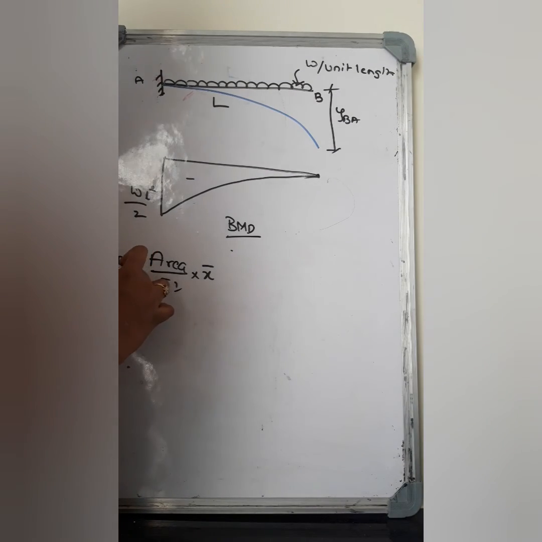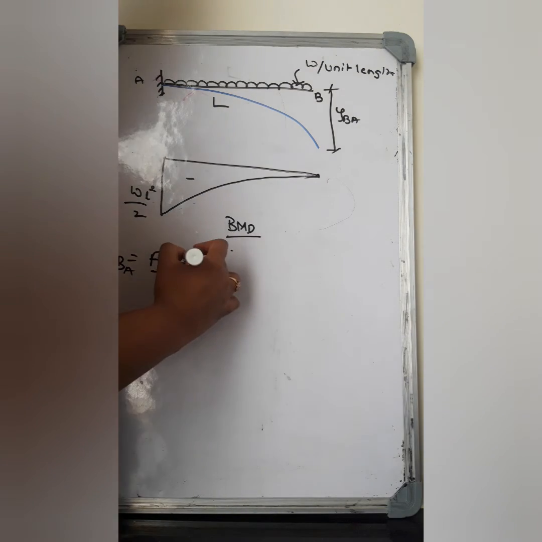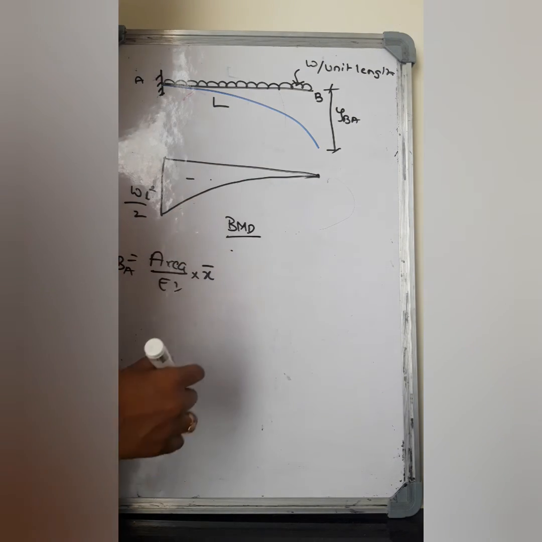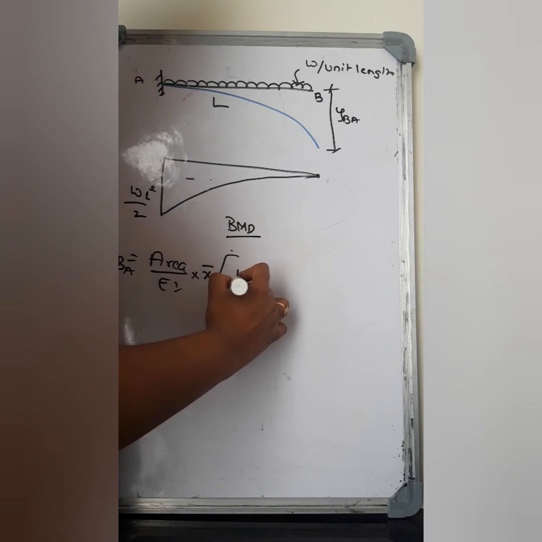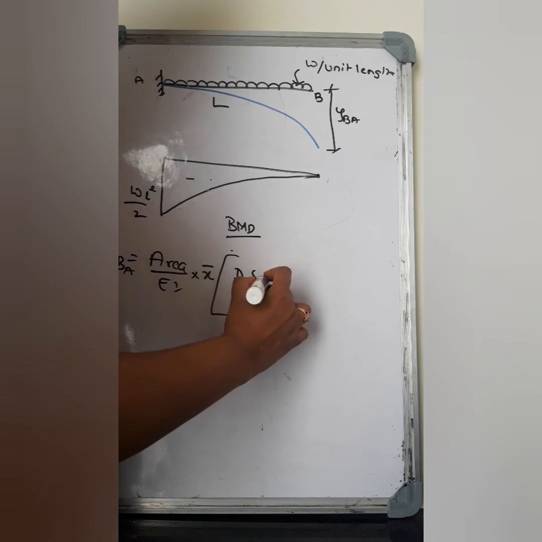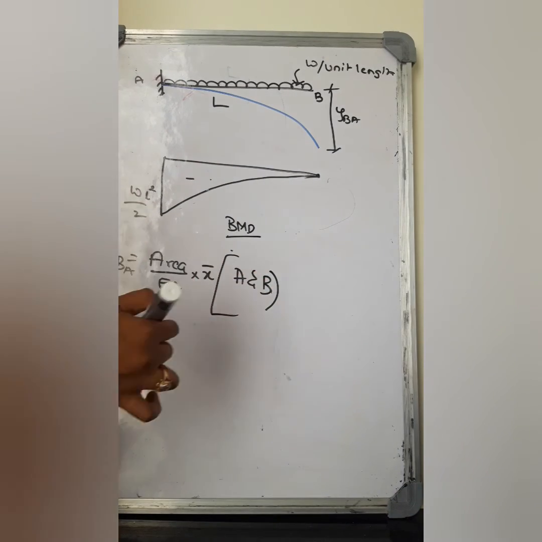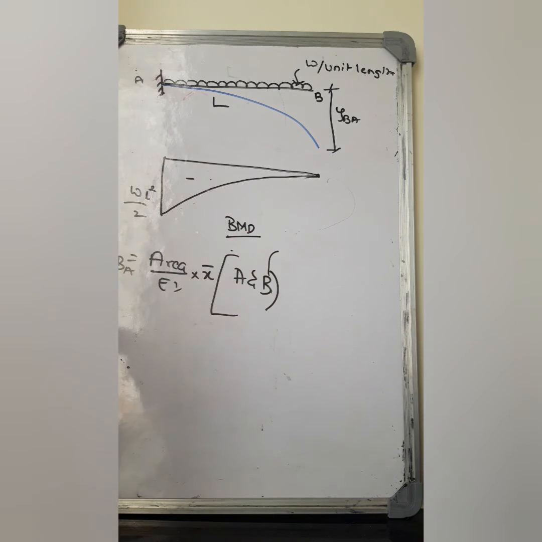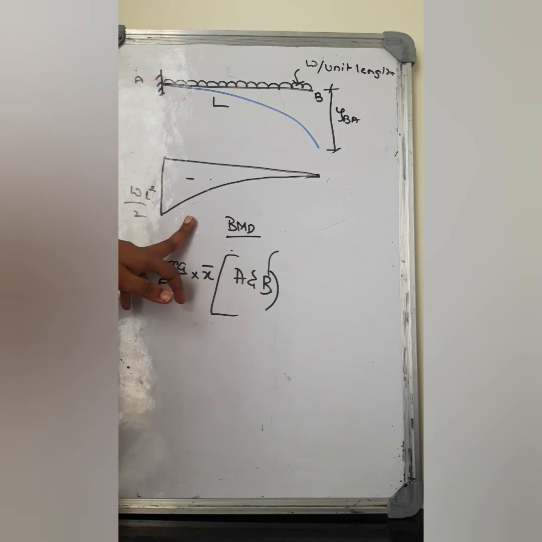So YBA is equal to area into x bar divided by EI, and you calculate the area from the bending moment drawing between A and B. Where do we need the deflection? We need the deflection at B, no? So that's why I am going to measure the x value, or the CG of this drawing, with respect to B.